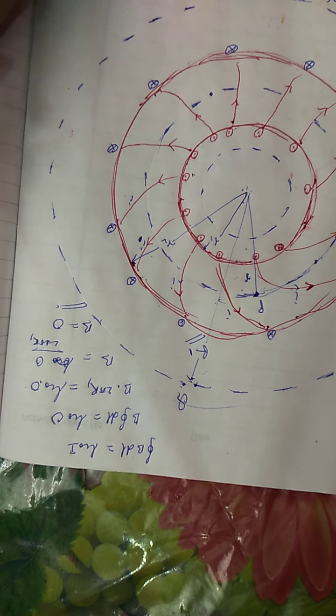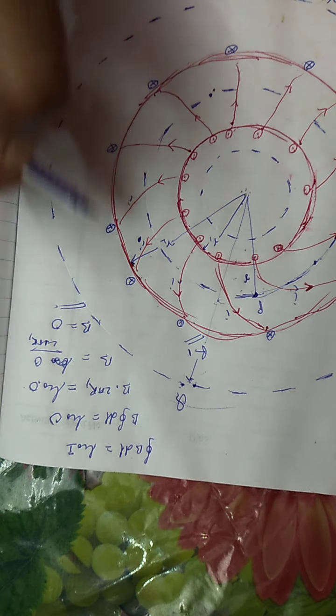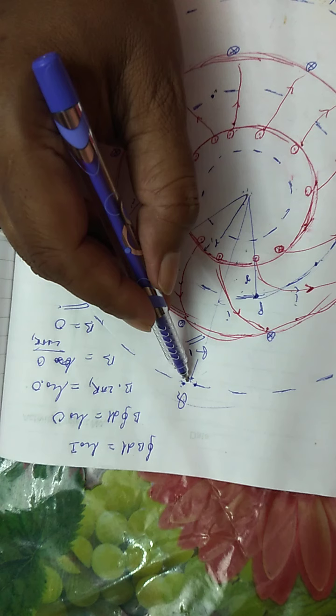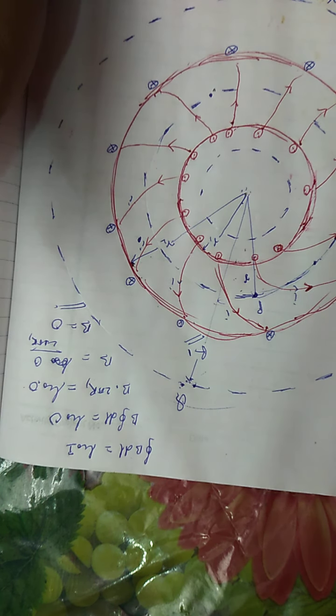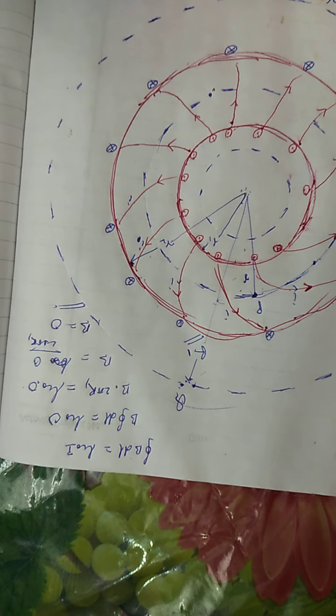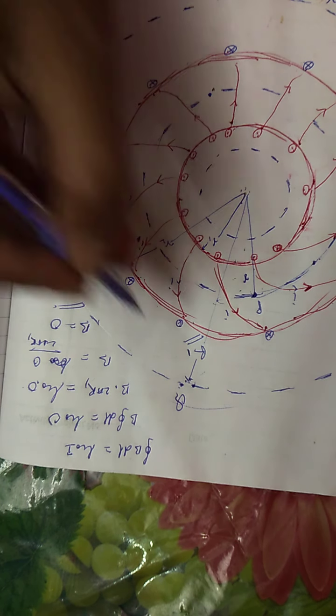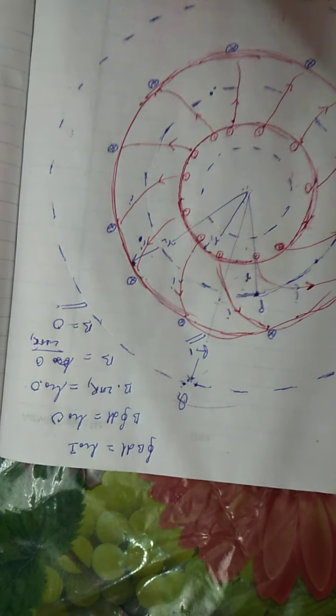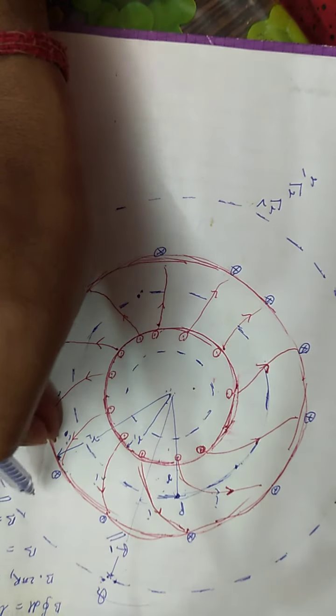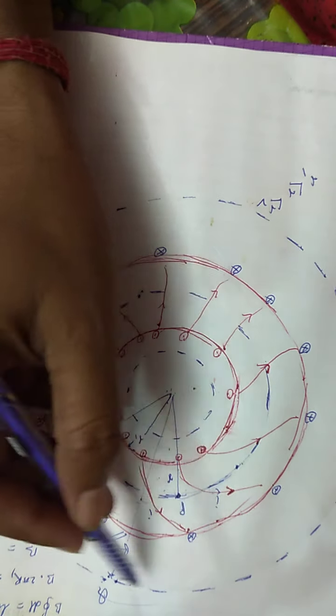So any point outside this toroid has a magnetic field equal to 0 Tesla. So outside the toroid the magnetic field is 0.